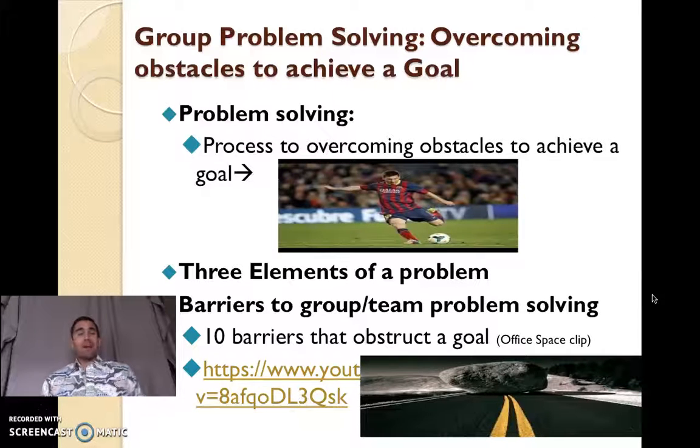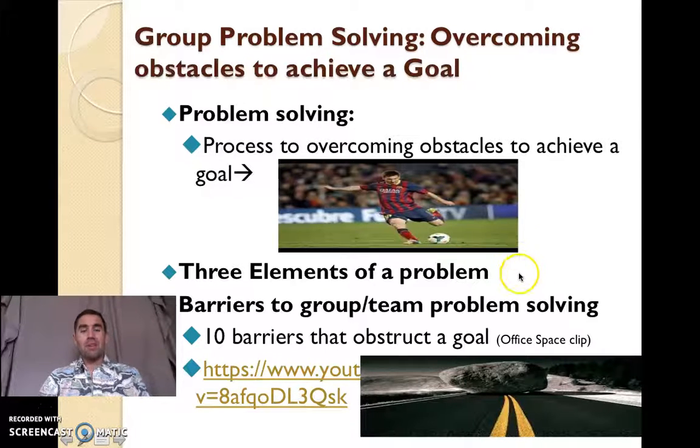With that, the problem has 3 elements: an undesirable existing situation, a goal the group wishes to achieve, which here is to score that goal, and obstacles that keep the goal from being reached. What is that? That's the other team trying to stop you from being able to actually score that goal.